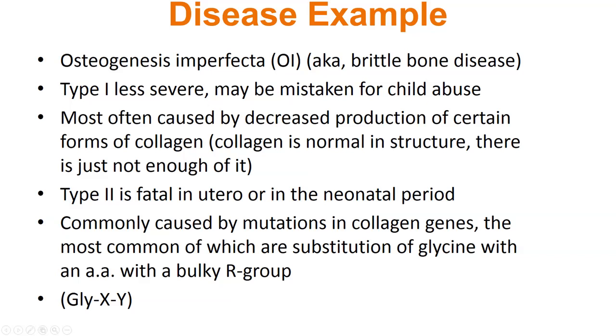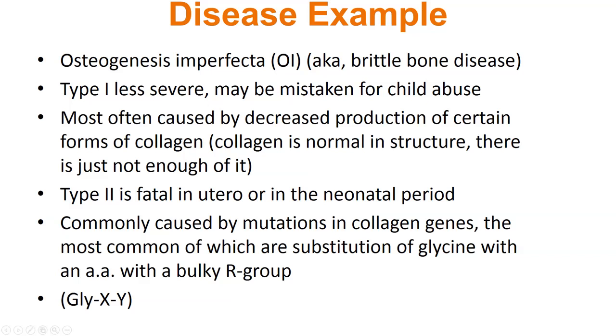Type 1 is less severe, so you can have somebody who survives. Now, they're prone to breaking bones, but they still can have a relatively normal lifespan. And so what's going on there that's different than in type 2? Well, in type 1, usually what happens is we have a decreased production of certain forms of collagen.